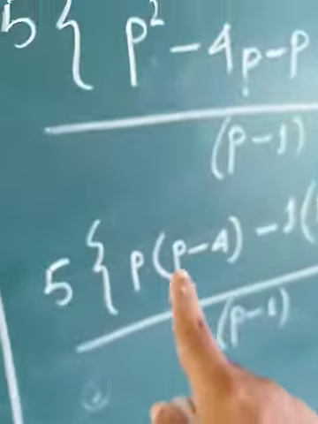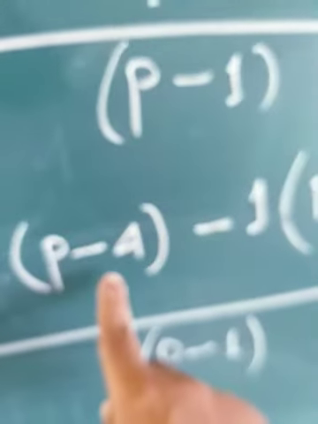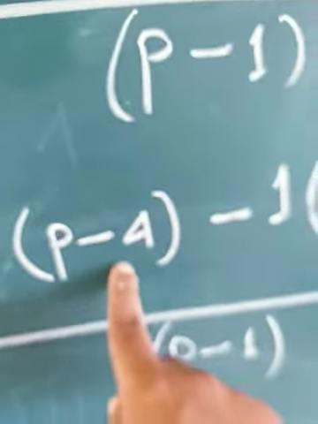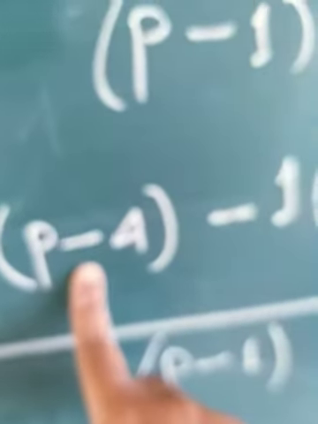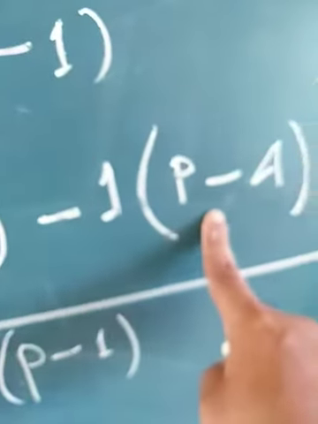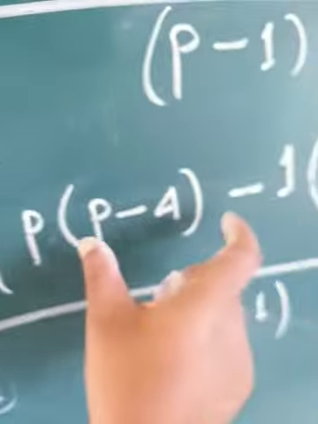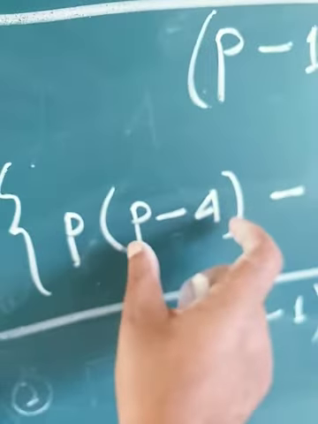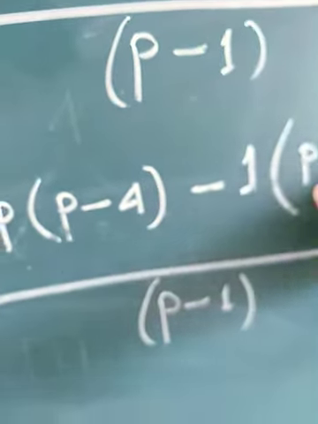Okay? Now we have to check whether these two terms are carrying the same terms inside the bracket or not. That is P minus 4, and here also P minus 4. So these two terms are carrying the same terms inside the bracket, P minus 4, P minus 4. So we are going on the right track.